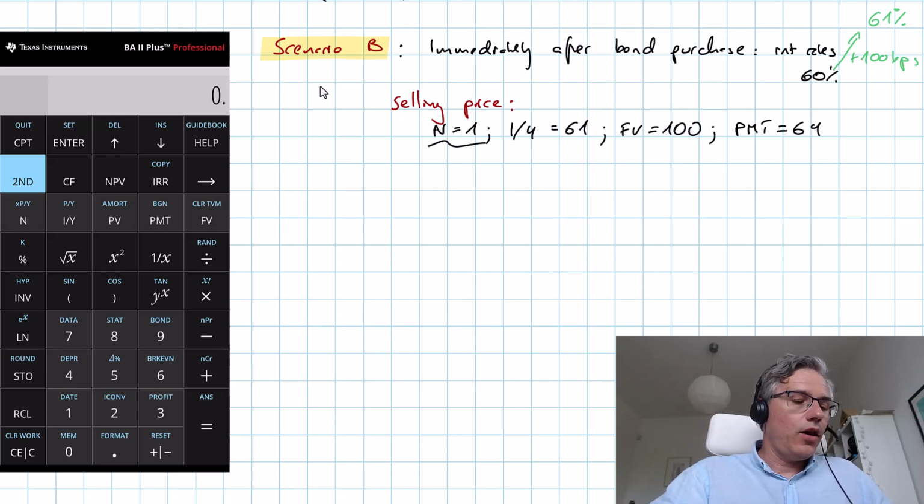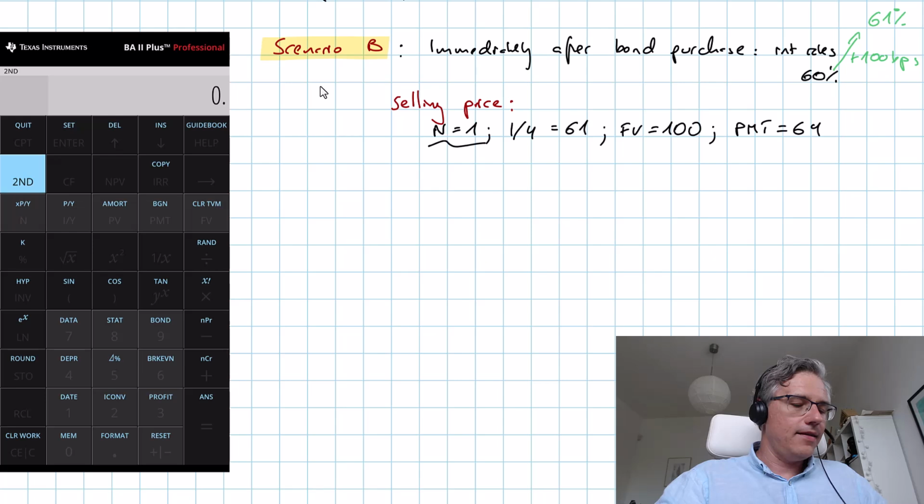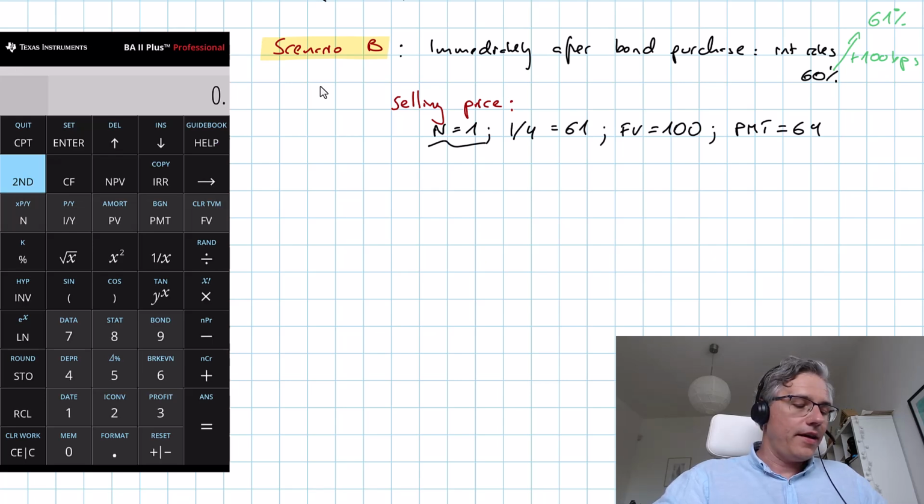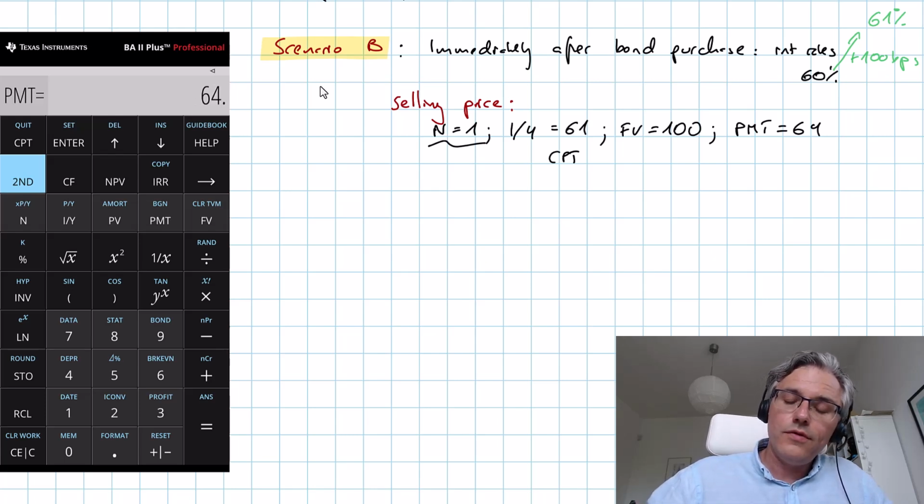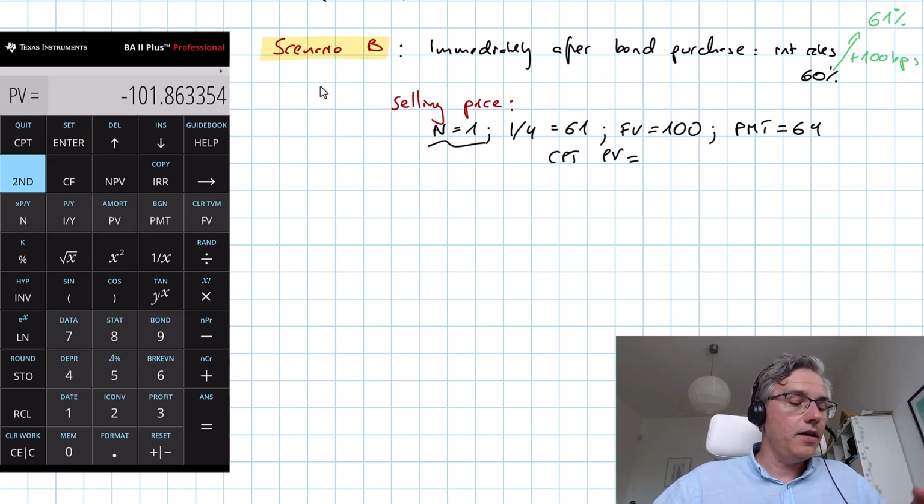So, okay, I can't remember if I cleared my time value of money worksheet or not, so let's do it again. Second FV, and now 1 for N, 61 for I over Y, 100 for my FV input, and 64 for the PMT. And I want to compute PV, CPT PV. Okay, I'm looking at an answer of 101.86.